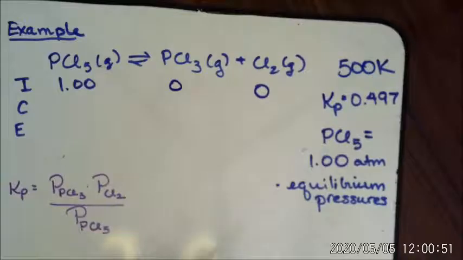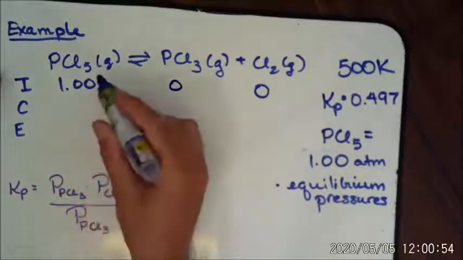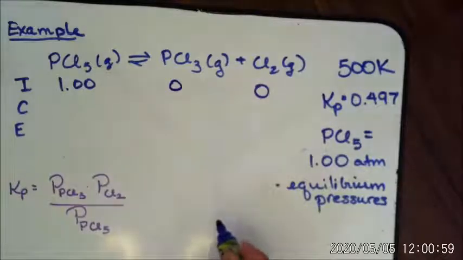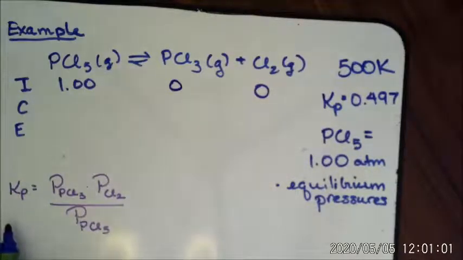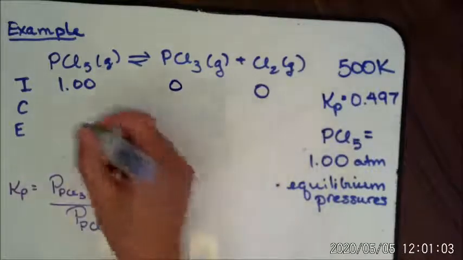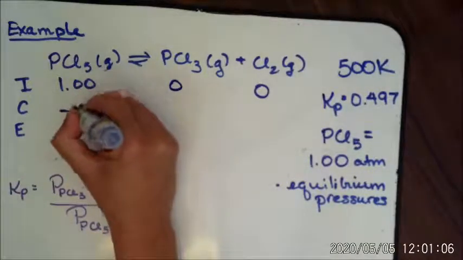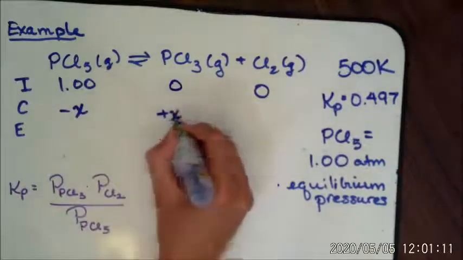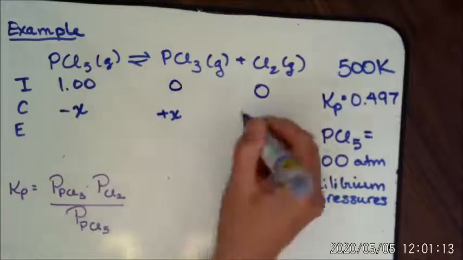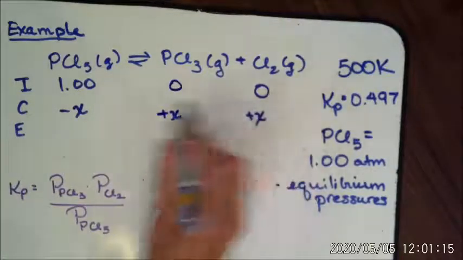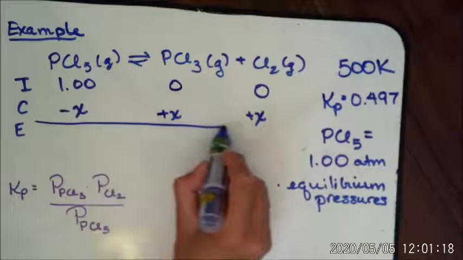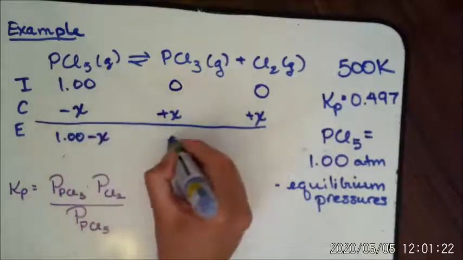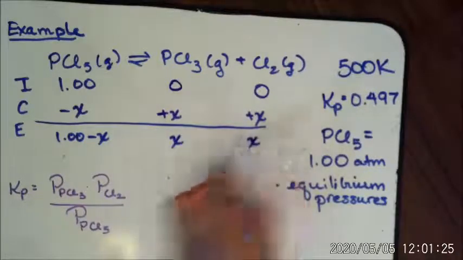So when the reaction proceeds to reach equilibrium, since Q is going to be equal to 0, and Q is going to be less than K, our reaction is going to go to the right, which means I'm going to lose a little bit of my phosphorus pentachloride, and I'm going to form a little bit of phosphorus trichloride and chlorine gas. So at equilibrium, this is 1 minus x, this is x, and this is x.